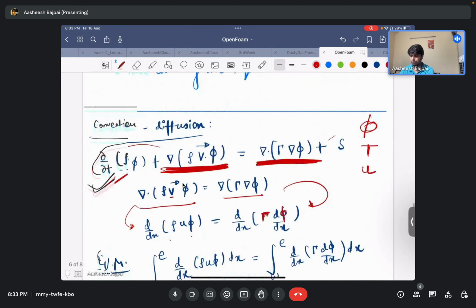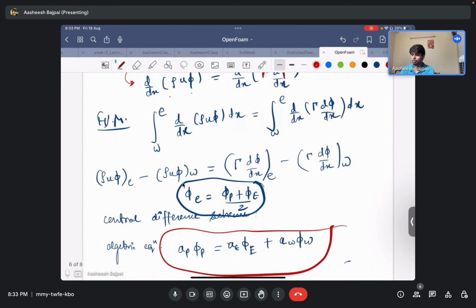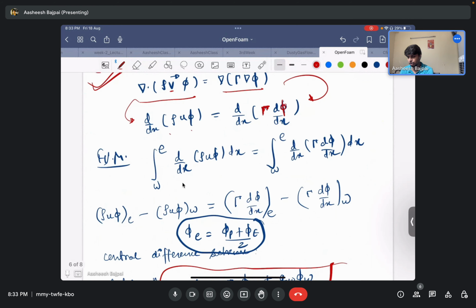So here also I am doing that kind of integration from the western to the eastern point. It gives rho u phi at E minus rho u phi at W. This is the advection term, and this is similar to the terms we have done in the conduction part, the diffusion, from east to west.